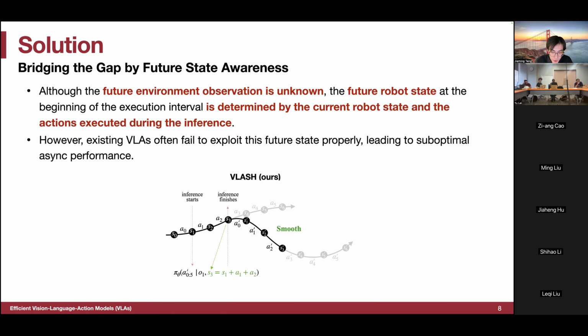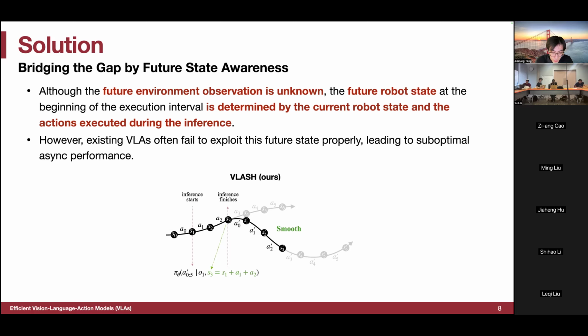And now I would like to introduce our method. The key idea is to bridge the prediction-execution gap with a method called future state awareness. The key insight is that although we don't know the future environment after the model inference, we actually know the robot states after the model inference.